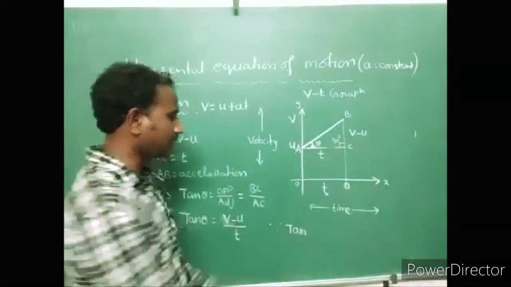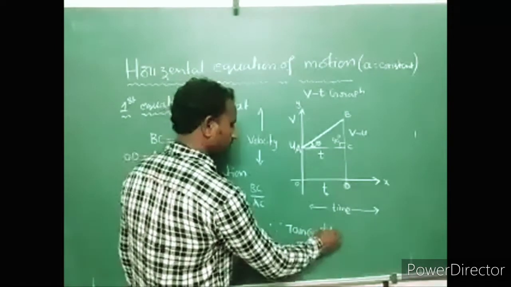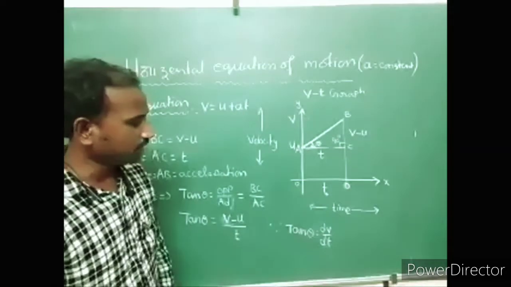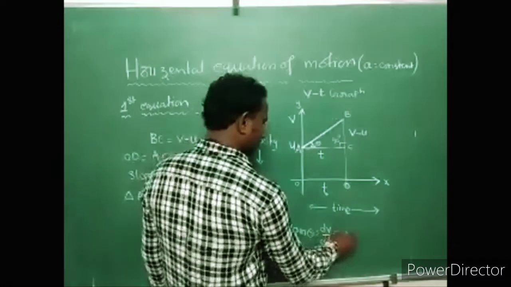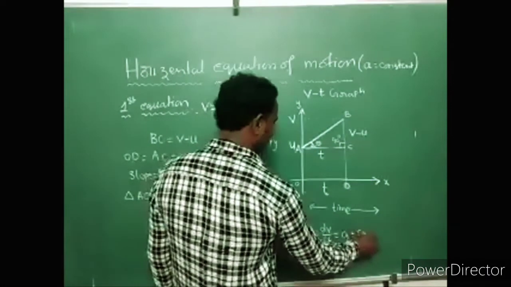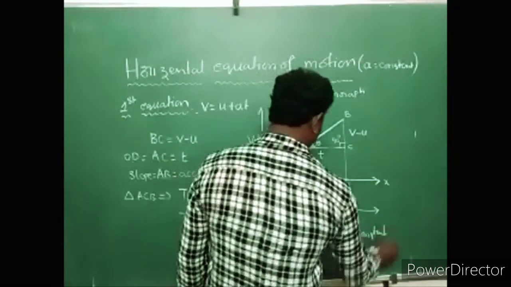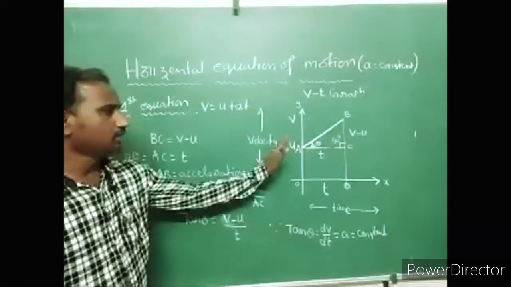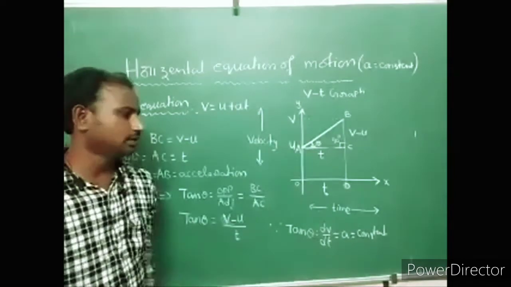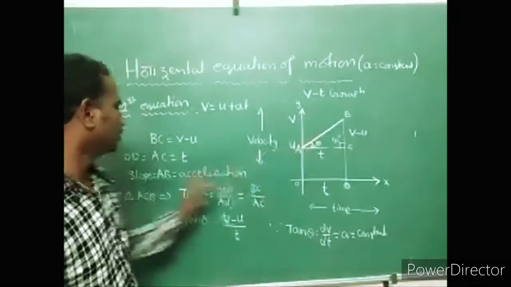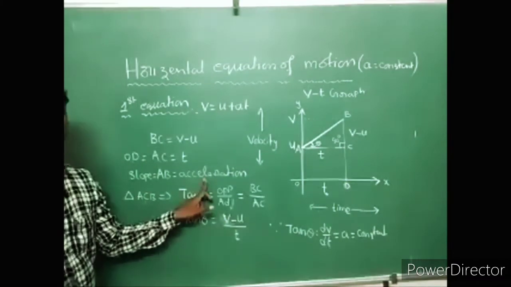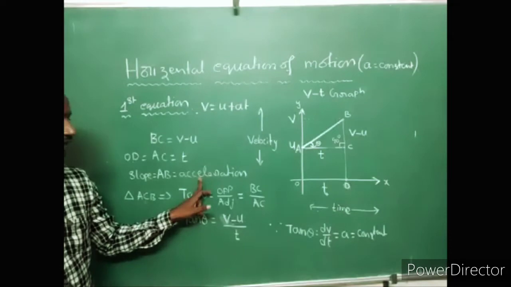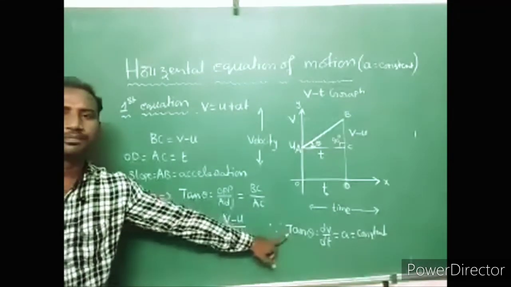Here tan theta is constant, the rate of change of velocity dv by dt equal to acceleration, that is equal to constant. This point was already explained in the previous class. So the velocity time graph slope represents acceleration. That slope equals constant acceleration, and that constant acceleration equals tan theta.